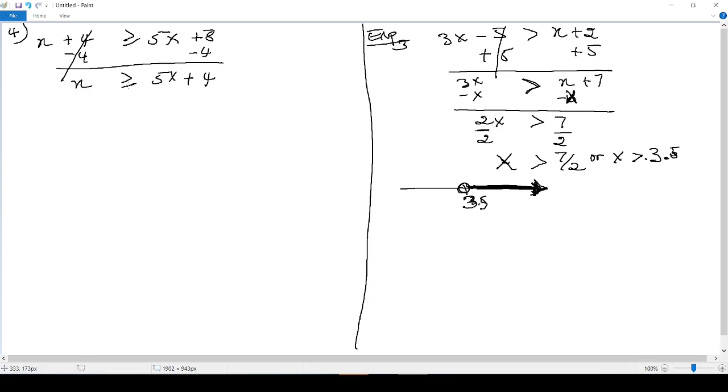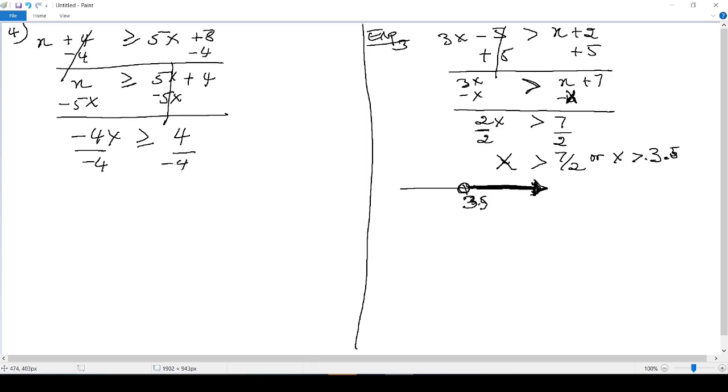And then we do minus 5x, minus 5x, this cancels, and this side gives us negative 4x greater than or equal to 4. Now what do we do? We divide by negative 4, divide by negative 4.